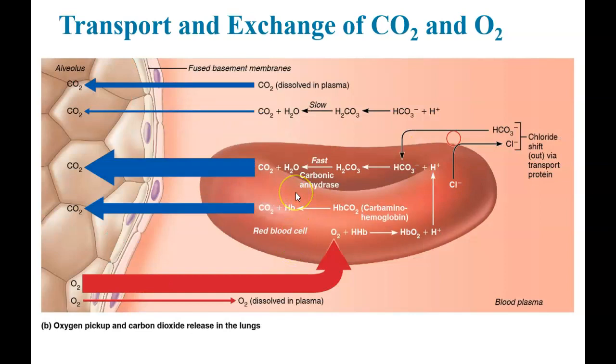In the pulmonary capillaries, the CO2 is getting pulled into the lungs where the CO2 levels are lower. So here's the alveolus of the lungs, and bicarbonate moves into the red blood cell, where it's converted into carbon dioxide and water.